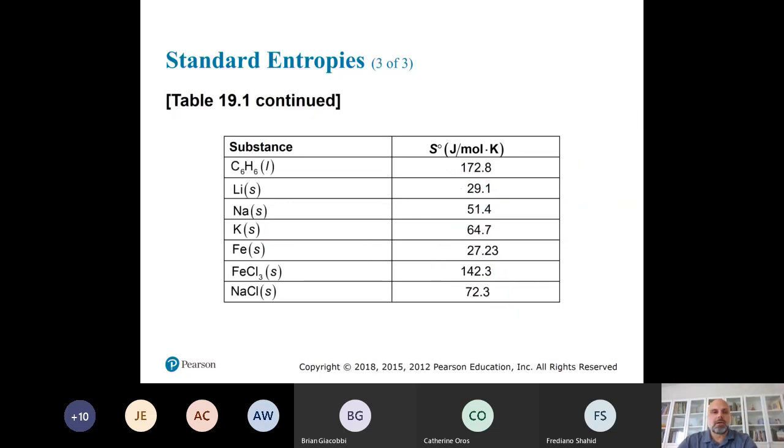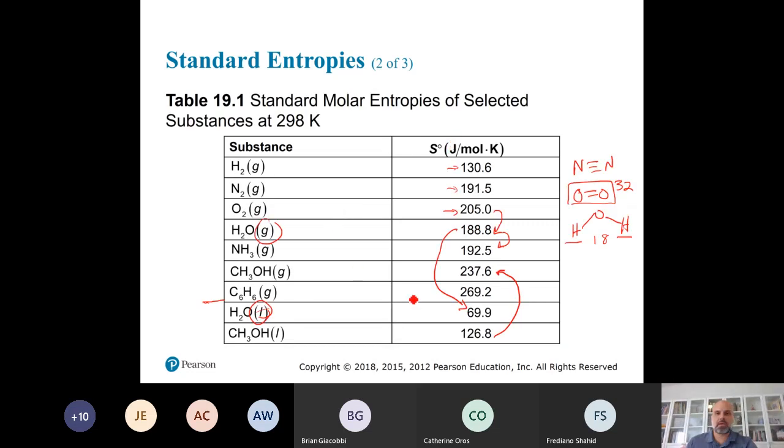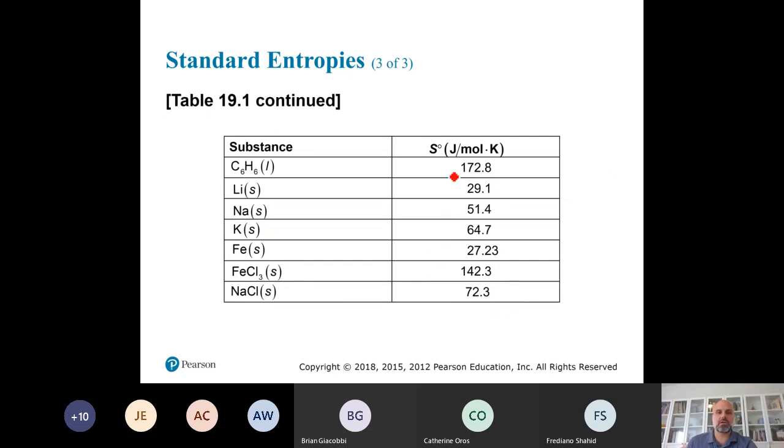There are some additional liquids here too. We can compare the gas state of C6H6 at 269 to its liquid state at 172.